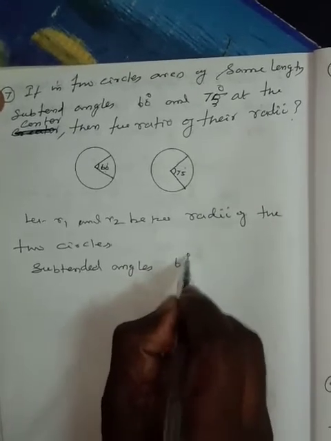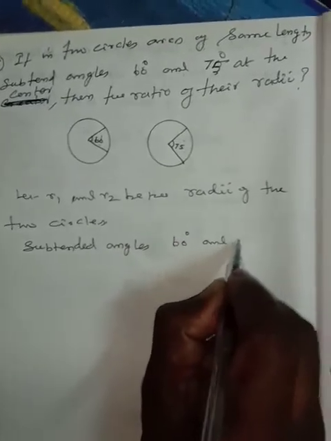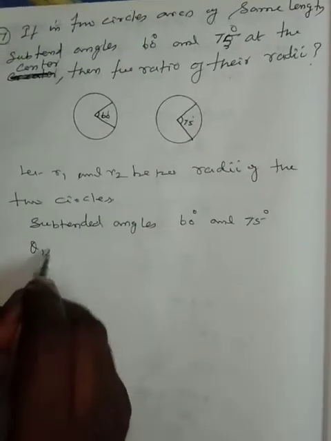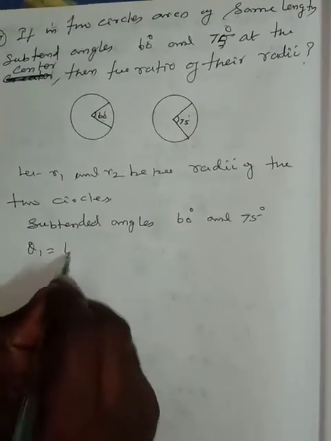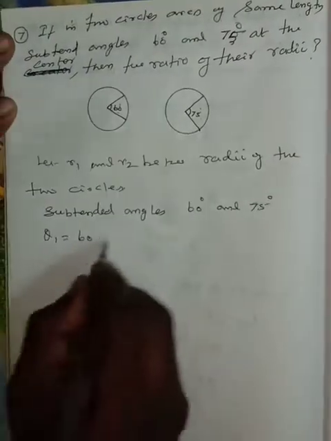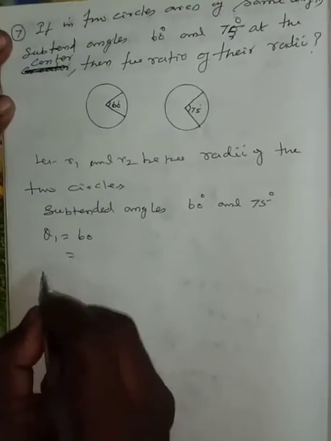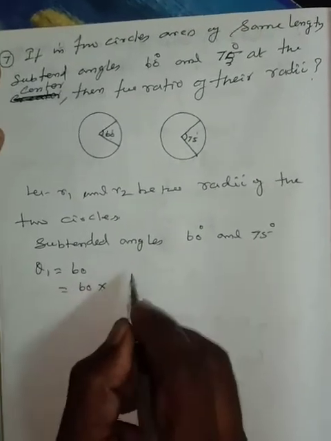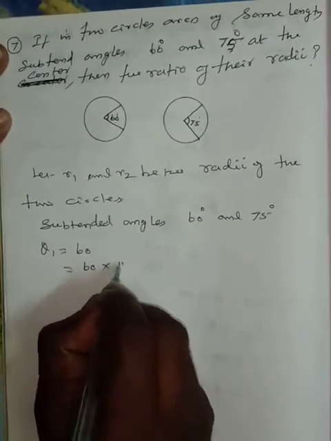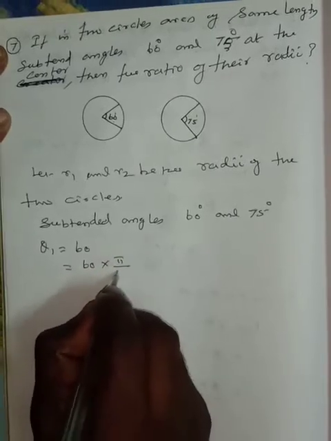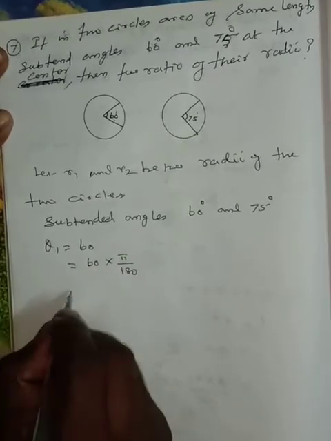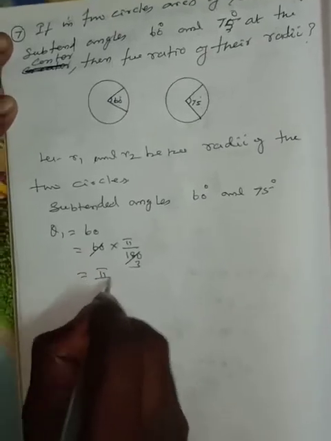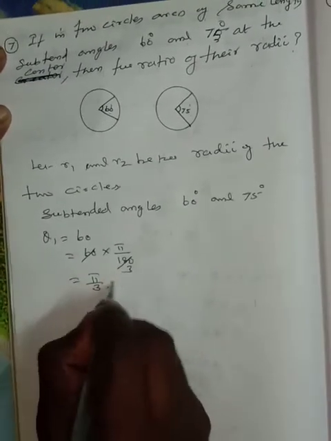Subtended angle first 60 degree, next 75 degree. 60 is equal to 60 into degree measure into radian measure, pi divided by 180, is equal to pi by 3. Pi by 3 radian.